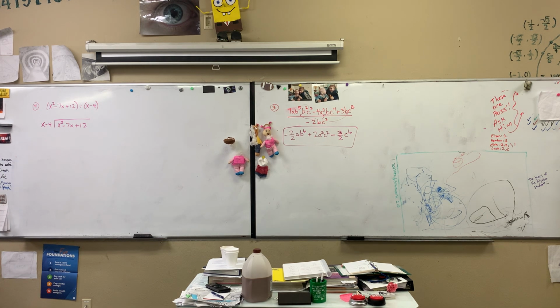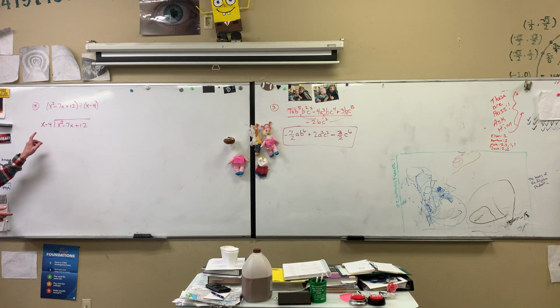Okay, here's how we do it. We look at the very first term here, which is x, and the very first term here, which is x squared. Don't worry about the other parts for now. You ask the question just like we did with the long division, when you said 6 goes into 34 how many times, and then you multiply.